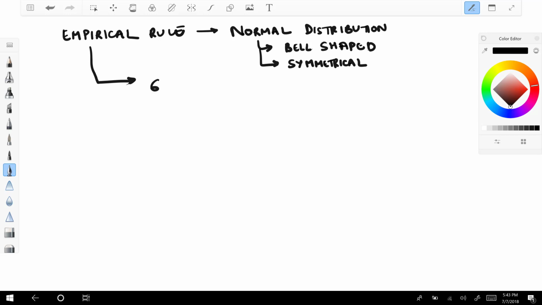68% of the data is within one standard deviation of the mean.